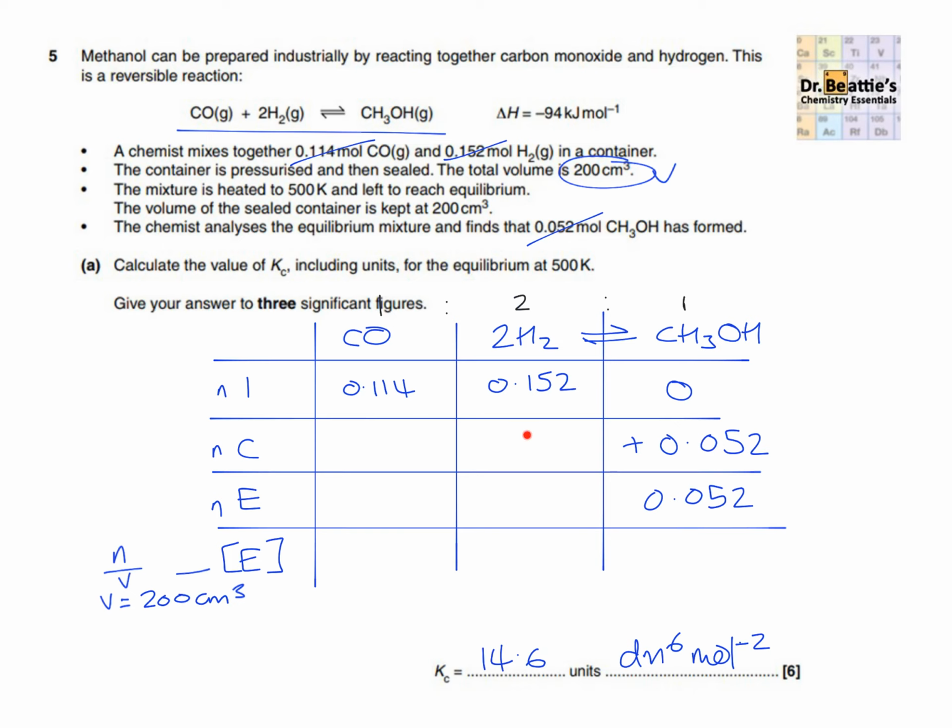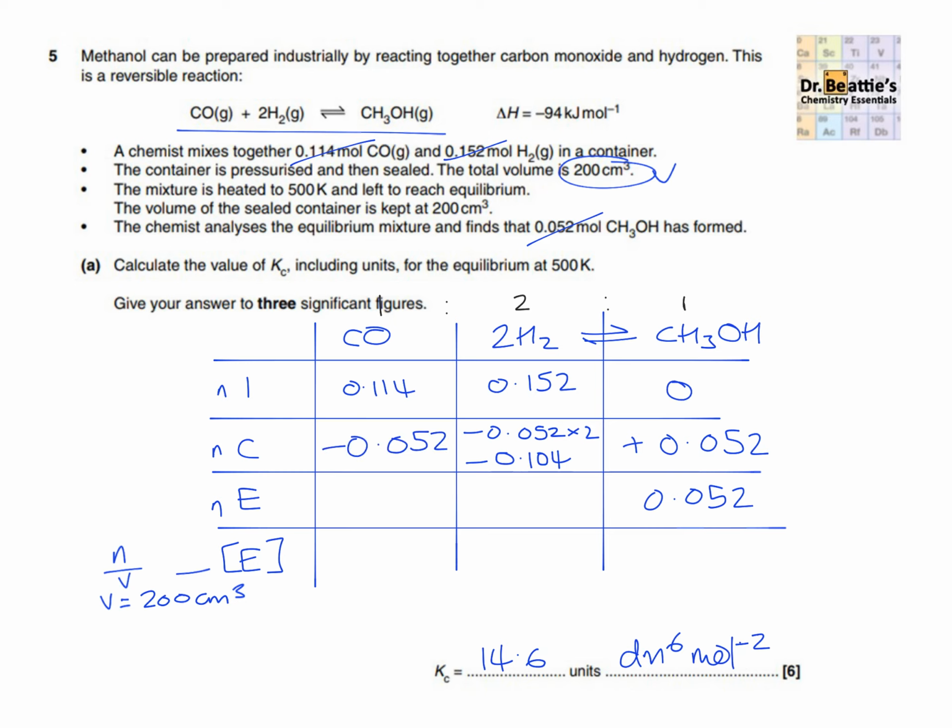So you're going to do the same operation in this row. Remembering it's a reactant, so it's minus in front. So if we do that, that's minus 0.104. Whereas the change for carbon monoxide, well, that's 1-to-1 ratio, so that's going to be minus 0.052.